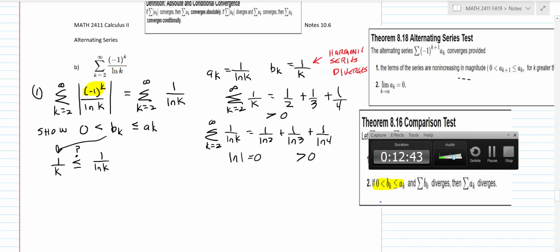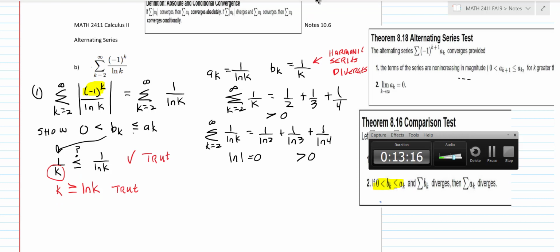Actually, as we've talked about a lot in the comparison test, k is always a larger number than ln of k. If you take the ln of k, you get a smaller value. That is always going to be true, and that just means you have a larger denominator. So since that's true, that shows this inequality is always true. All right, so we conclude that's true.